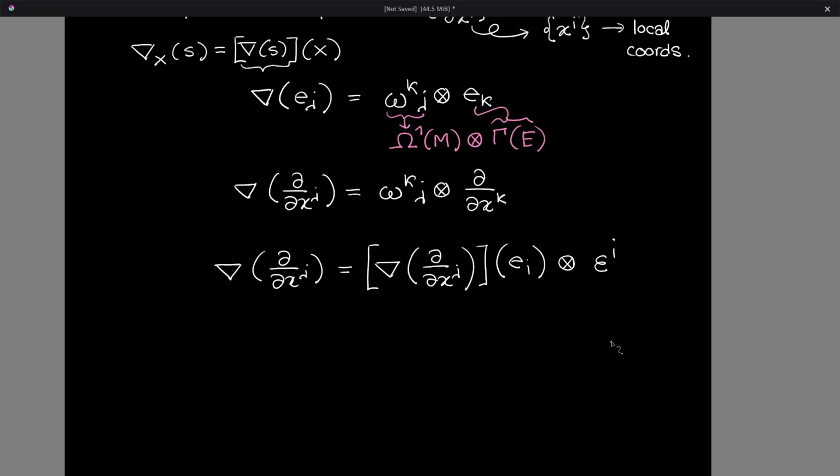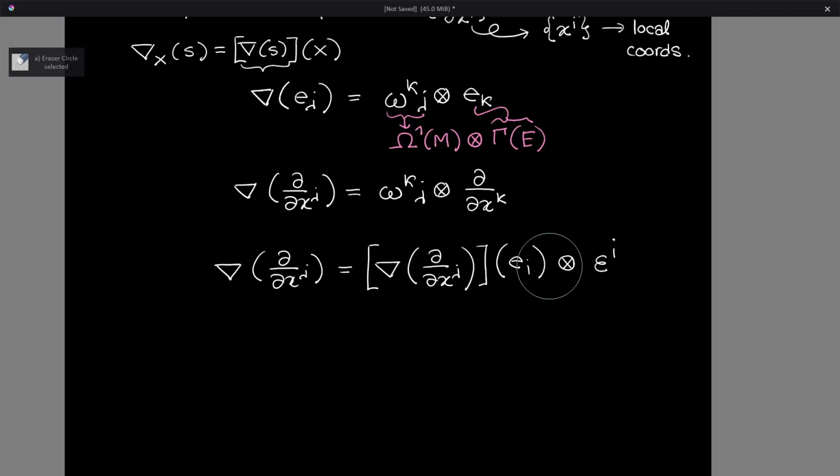How do we know this? This is our basis covector, and this is the component that we would get for that basis covector. This is the connection form applied on the e_i basis vector.